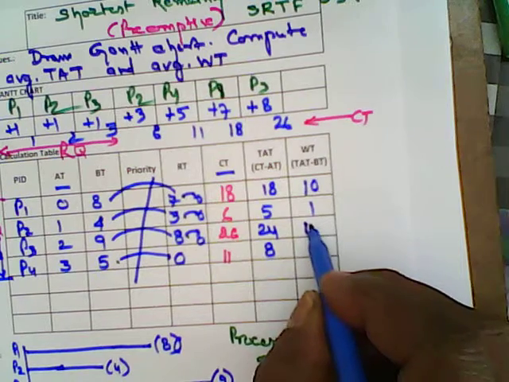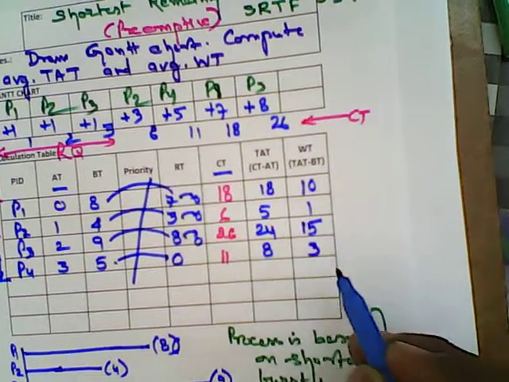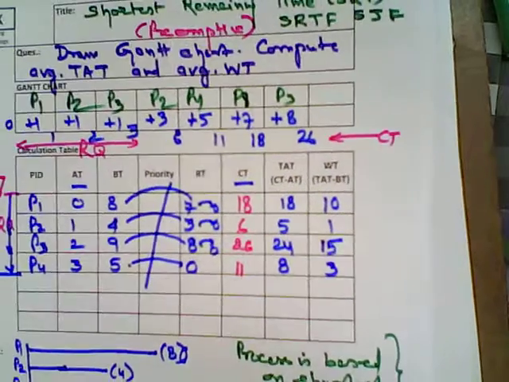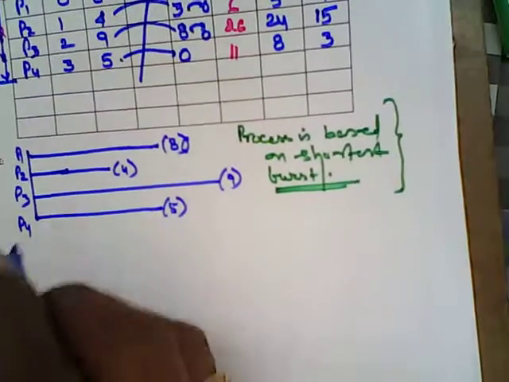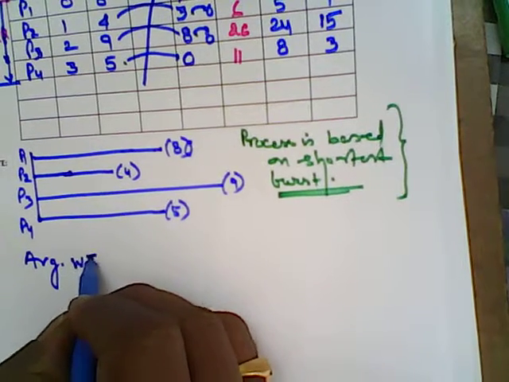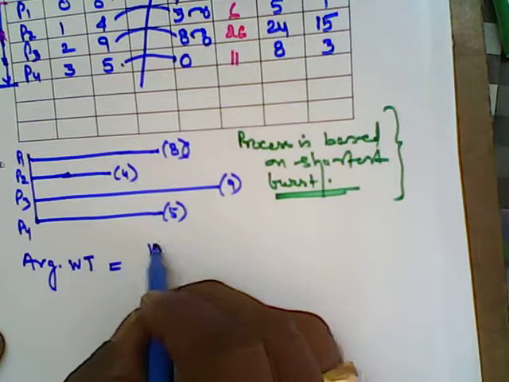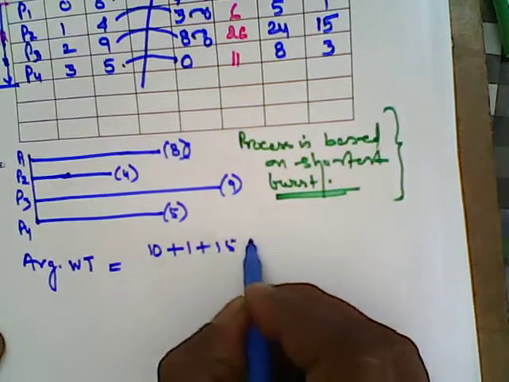So the next part is what? Average waiting time is nothing but 10 plus 1 plus 15 plus 3 divided by how many processes? We are having 4 processes.